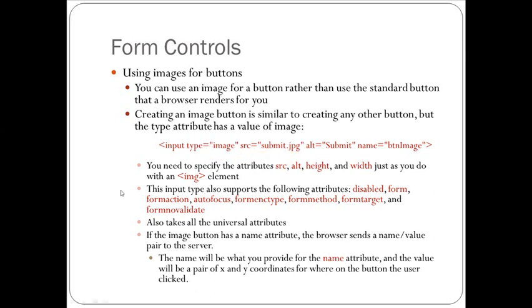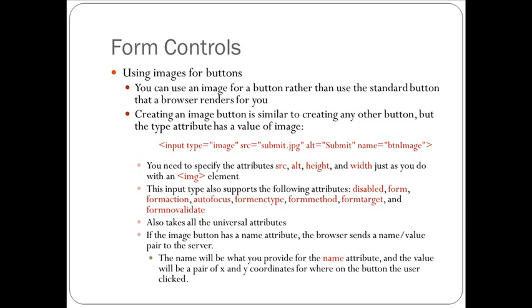So you're going to need to specify the source, the alt, in case that image doesn't load, the height, and the width, just as you would for an image tag. This also supports disabled, form, form action, autofocus, form encrypt, form method, form target, and form validate attributes, as well as all the universal attributes.